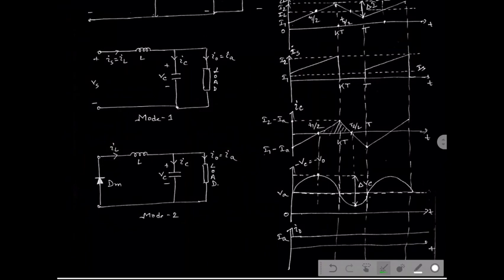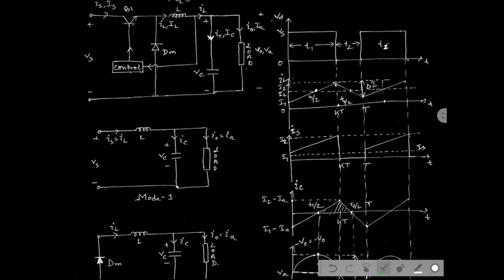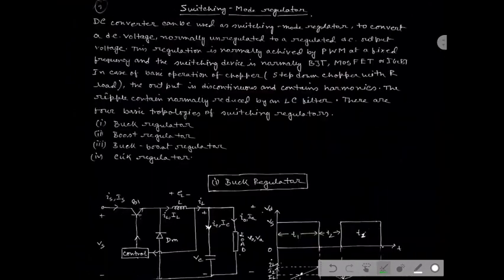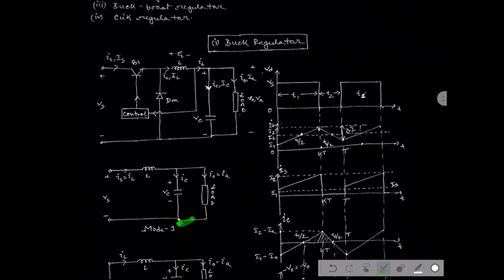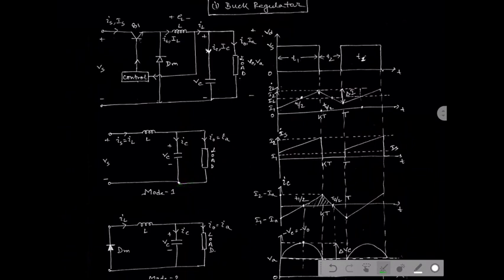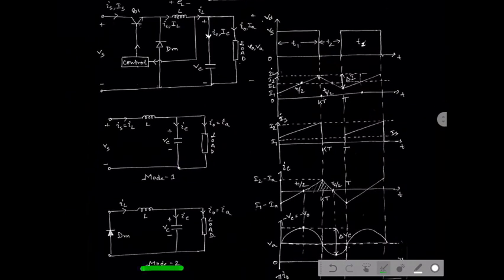So the operation can be well defined by the waveforms. The first mode operation is conducted for the time duration t1, and the second mode of operation is conducted for the time duration of t2. When the switch is on, the current starts flowing to the inductor and to the load.